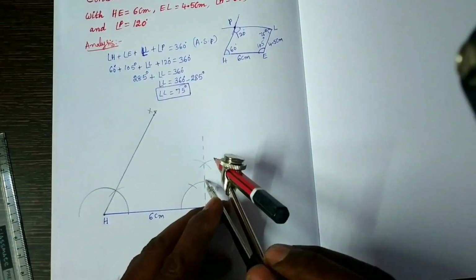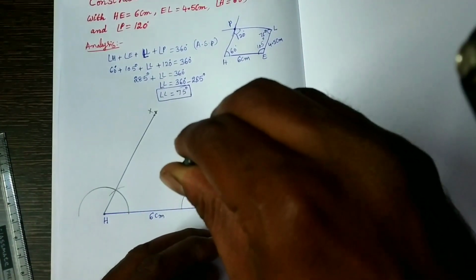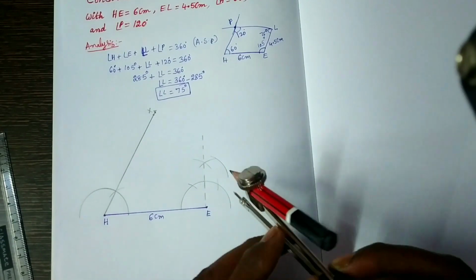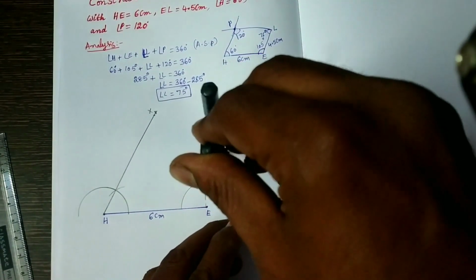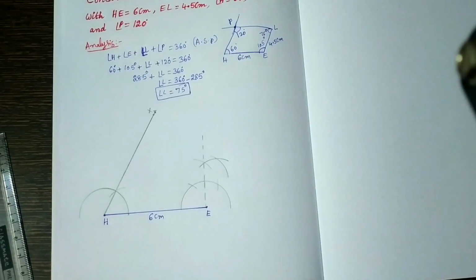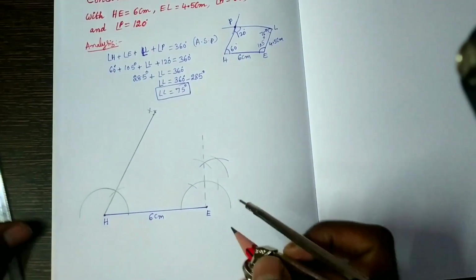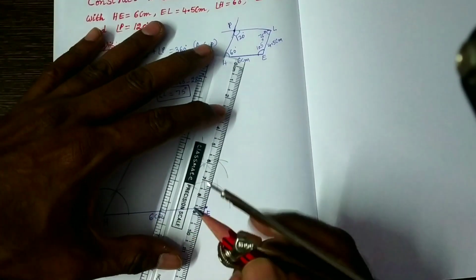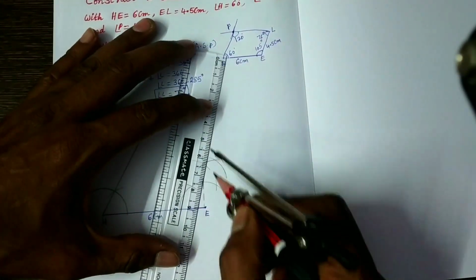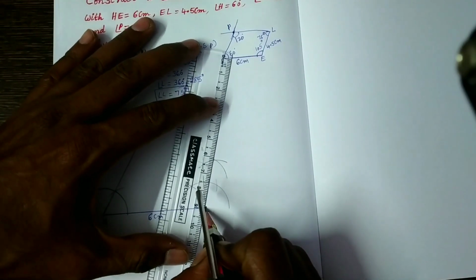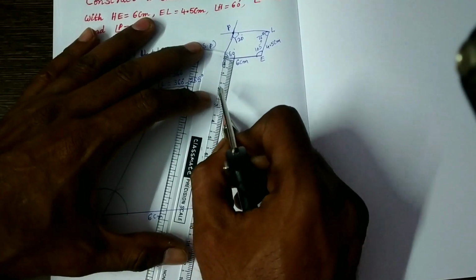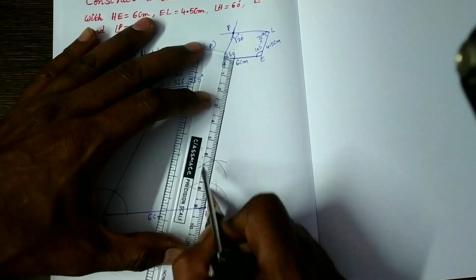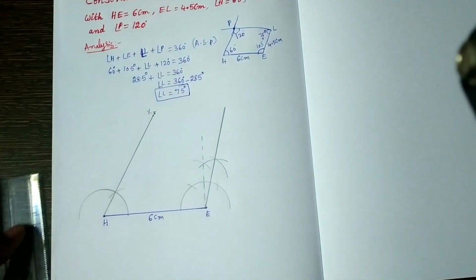Again from 120 degrees you draw an arc. So from E through this intersecting point of these two arcs, draw a ray.